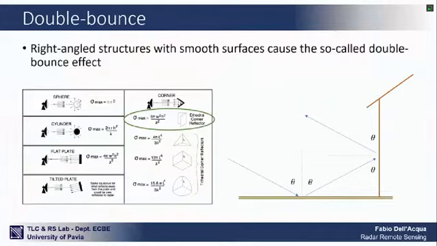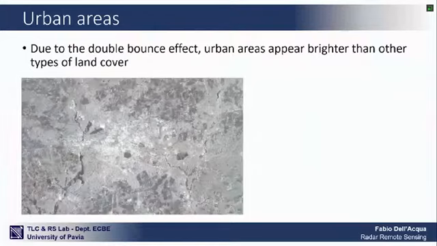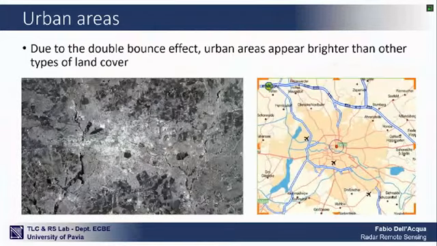So this is another example of how the shape of the observed object impacts the backscatter that you will record. The shape of the object is extremely critical in determining the backscatter. This is one example. This is an old image, from ERS-1, of the urban area of Berlin, the capital city of Germany.